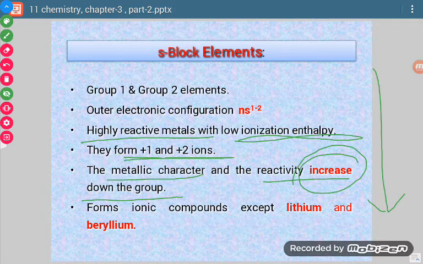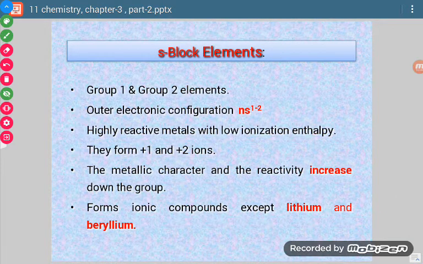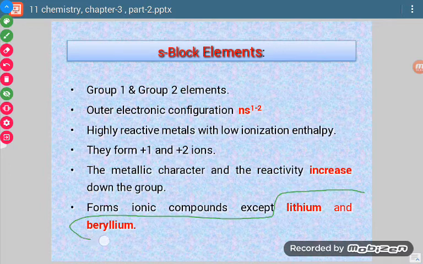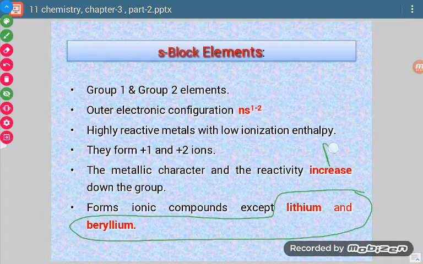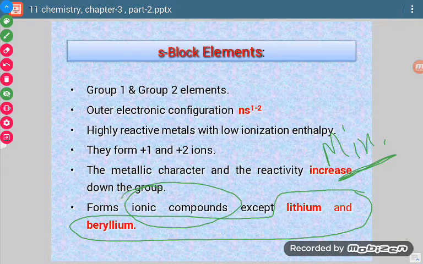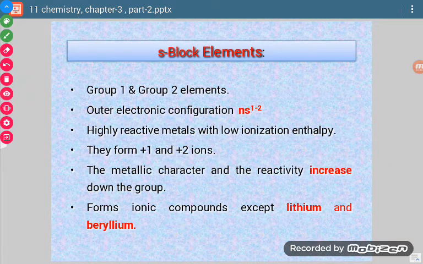Now one more thing to be remembered, they form ionic compounds, but lithium and beryllium do not form ionic compounds. Why? Because they have a minimum size, and because of the minimum size they cannot form ions easily. They need too much energy, which is not possible, so they do not form ionic compounds.